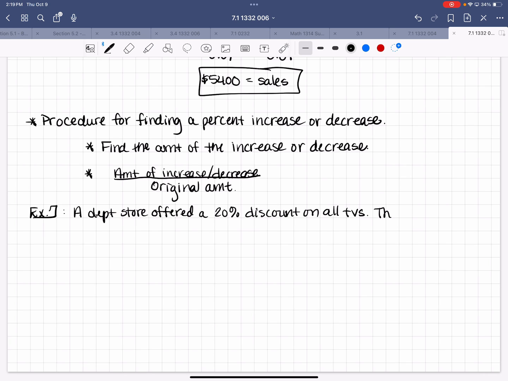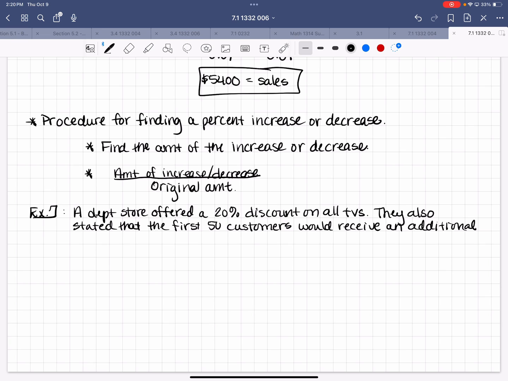They also stated that the first 50 customers would receive an additional 10% discount.